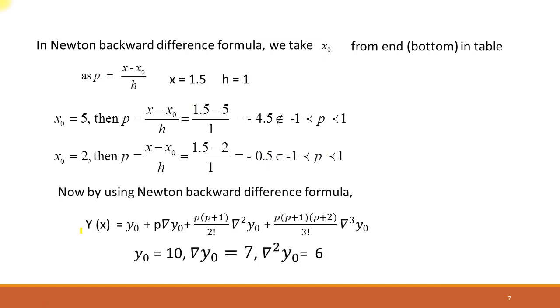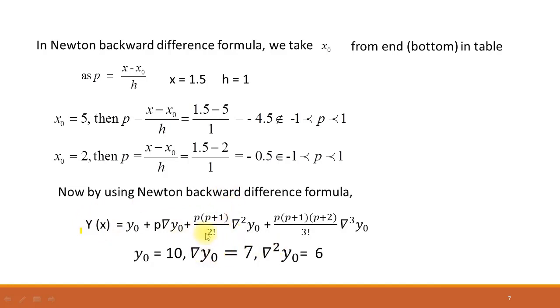Now putting these values in this formula, the value of y naught is 10, the value of p is already calculated, which is minus 0.5, and the value of del y naught is 7, and the value of del square y naught is 6. Since we don't need del cube, we skip this term and take the formula up to del square.